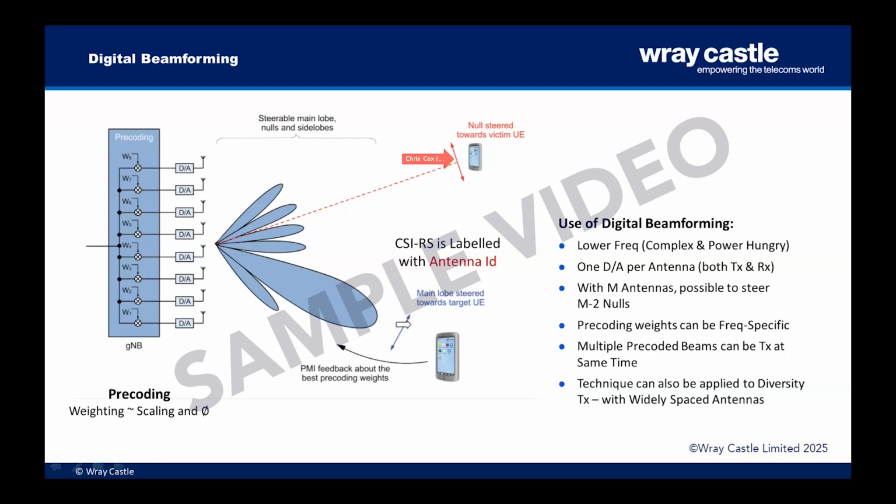The feedback is a lot more complicated. The mobile sends some feedback to the base station called the PMI, which essentially tells the base station about the best set of antenna weights to use so as to steer the main beam towards it.